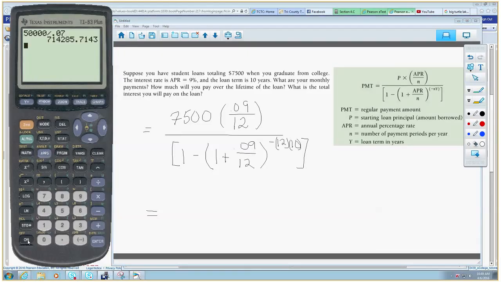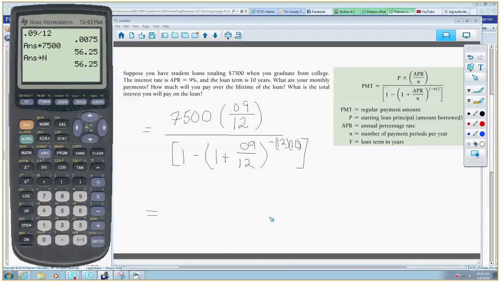And for the numerator, I'm going to get 0.09 divided by 12 times 7,500. And that's equal to 56.25, and I'm going to store that in alpha N, the numerator.